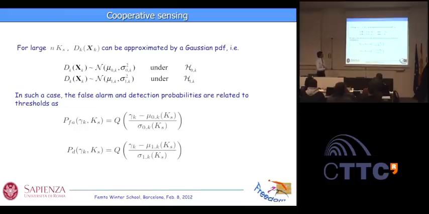Well, in general, if we analyze the problem very correctly, it's not very easy, even though it's going to boil down into chi-square statistics and so on. But if the number of samples is sufficiently large, we can invoke, as in many other cases, the central limit theorem. So in this case, we can express the detection probability and the false alarm probability in closed form, even though approximate. So the relationship would be like this.